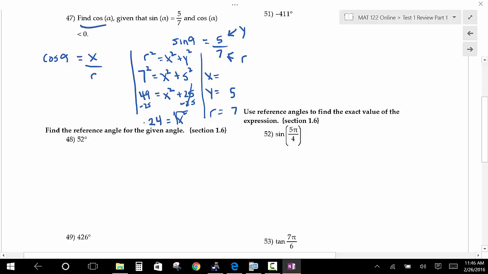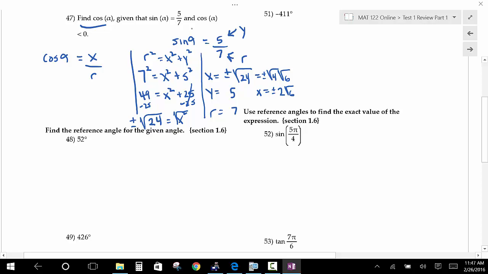So we need to take the square root of both sides. So x equals, and technically at this stage it's still plus or minus square root of 24. A problem like that you need to reduce too. So that is plus or minus 2 radical 6.